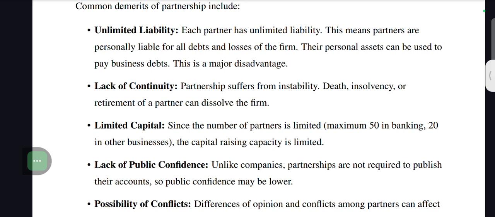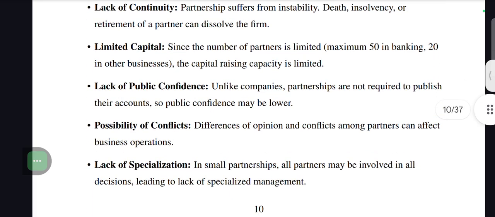Limited capital: since the number of partners is limited, maximum 50 in banking, 20 in other business, the capital raising capacity is limited. Lack of public confidence: unlike companies, partnerships are not required to publish their accounts. Like in a company you have to publish your accounts for the financial year. In partnership, you both will know what you have invested and what income, the profit or loss, you are getting.